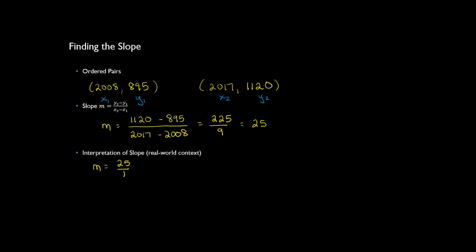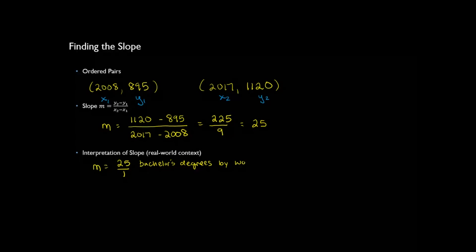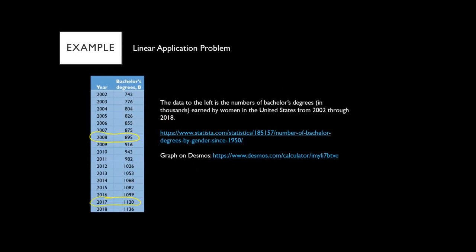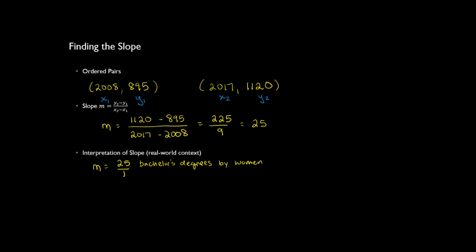So on top, that is the number of bachelor's degrees by women. And if we go back to our table, and we go actually to the reading here, it says in thousands. So it's telling us that it's not a total of 895 degrees, it's 895,000, but we're just not writing all those zeros. So in thousands.